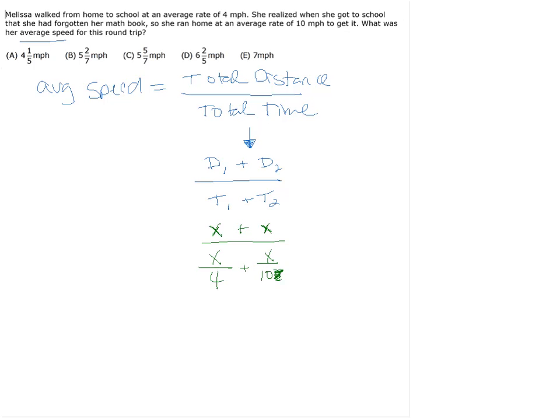Okay? And the reason for that is, remember, time is equal to the distance over the rate. So that's all I did here and here. I said, time 1 is x over 4, and time 2 is x over 10.